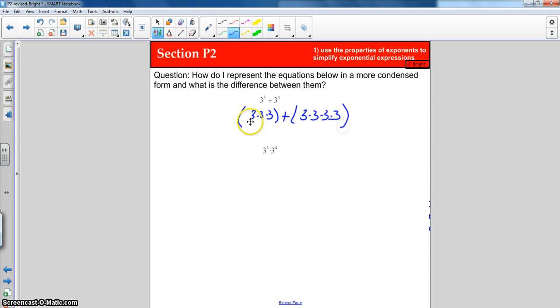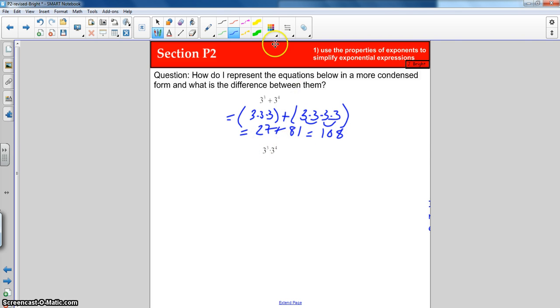I can't expand it out any further, so I would just have to evaluate it. 3 to the third is 27, and 3 to the fourth is 9 times 9, so this is 81. Remember the equal signs. And if we add this all together, what do I get? 108. So that's that answer.